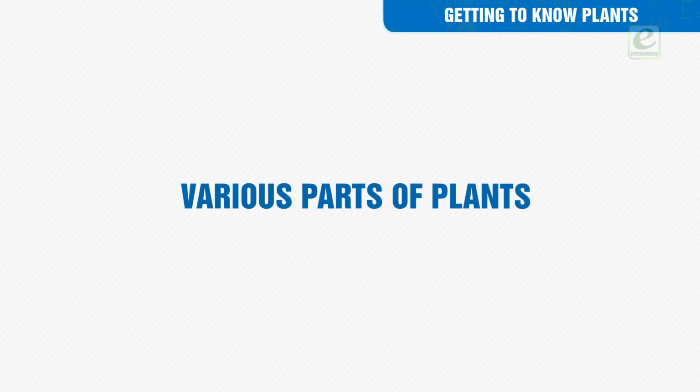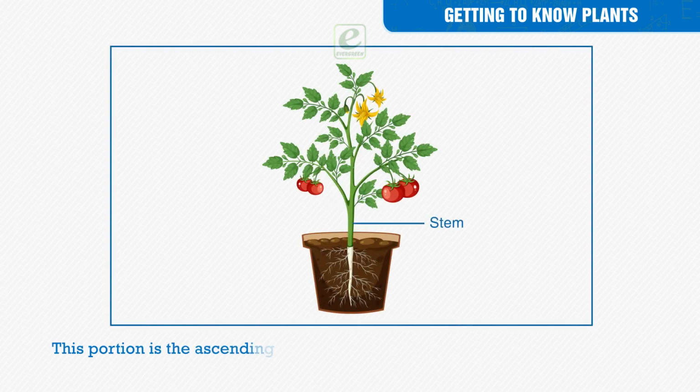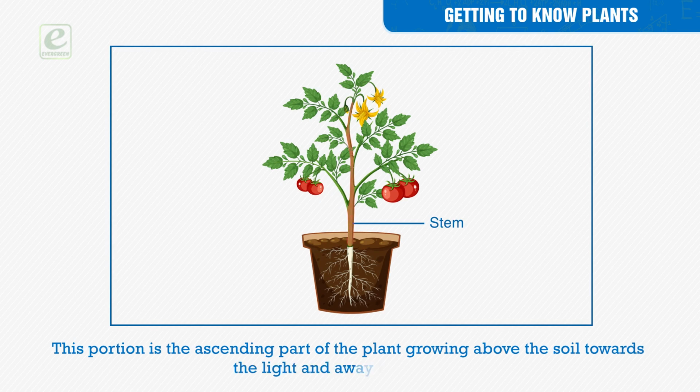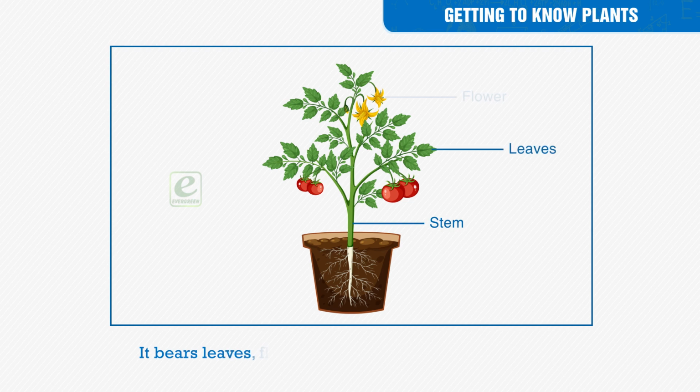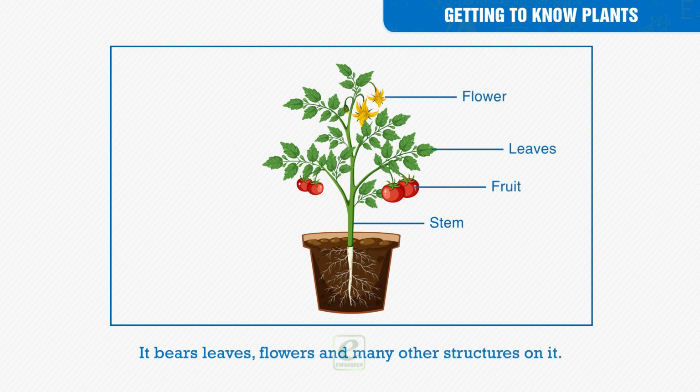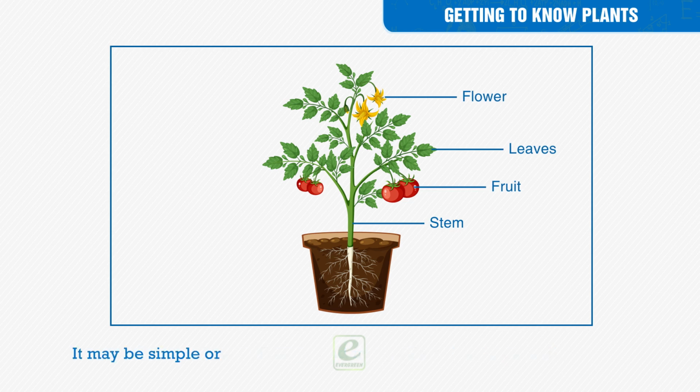Various parts of plants. Stem. This portion is the ascending part of the plant growing above the soil towards the light and away from water. It bears leaves, flowers, and many other structures on it. It may be simple or branched.